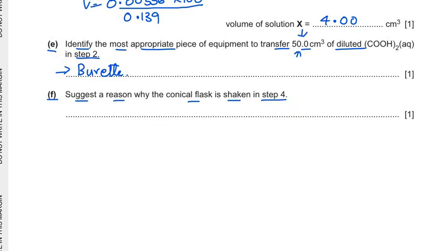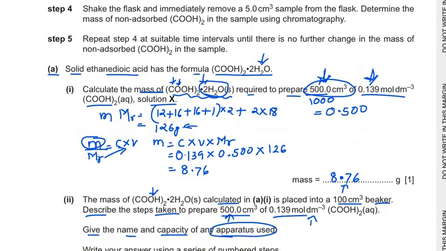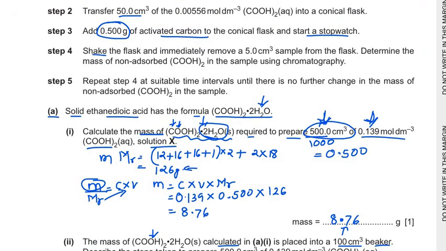Yes, now the sub question F is suggest a reason why the conical flask is shaken in step 4. Now let's understand what is step 4 here. Step 4 is shake the flask, immediately remove a 5 centimeter cube sample from the flask. Determine the mass of the non-adsorbed in the sample using chromatography. Now here, before shaking, what have we done? We have added activated carbon to the flask and started the stopwatch.